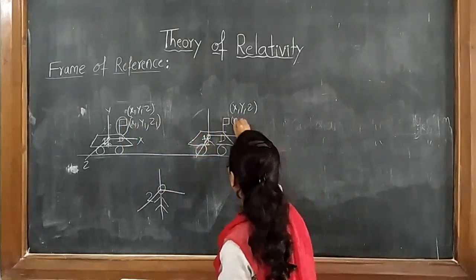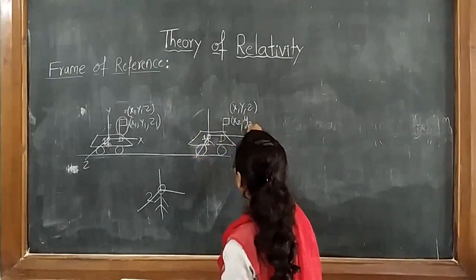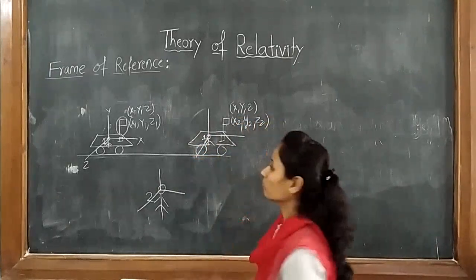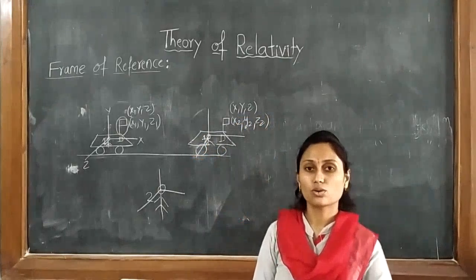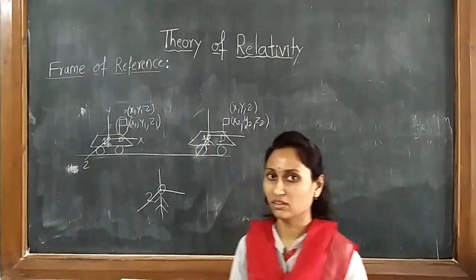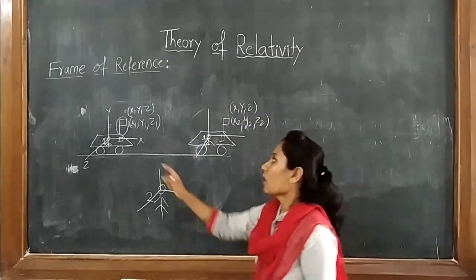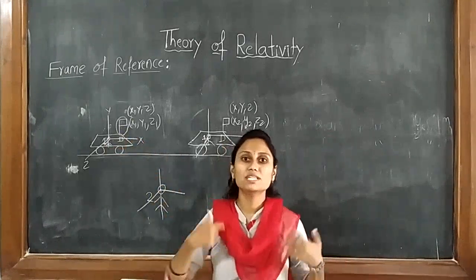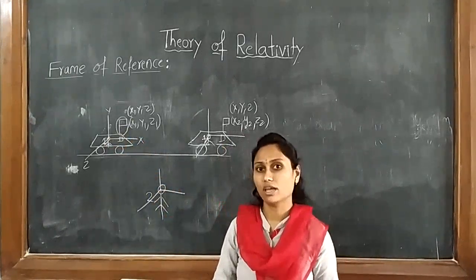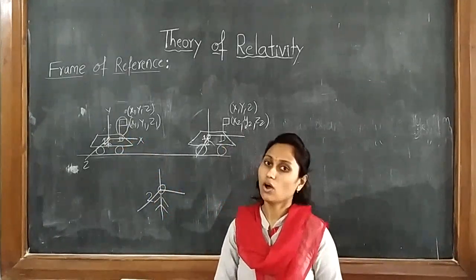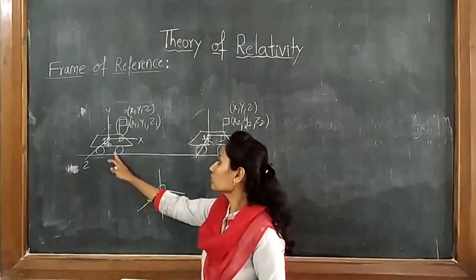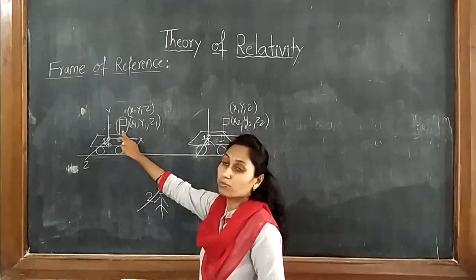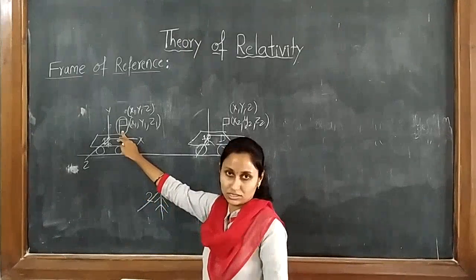So now he will get other coordinates, that is x2 comma y2 comma z2, isn't it? So now you can completely understand the frame of reference. See how the object changes; like that the frame of reference is also changing. Or you can say, according to the frame of reference, the position of the object will be changing.